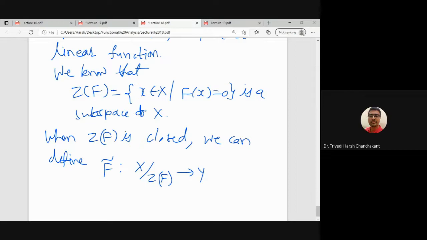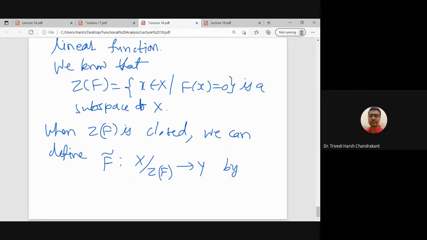The quotient space has elements x plus M, where M is Z(f), the kernel, a subspace. On the elements of the quotient space, which look like this, we define the function f tilde to be fx.